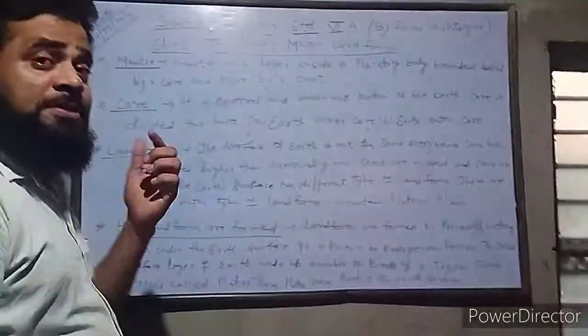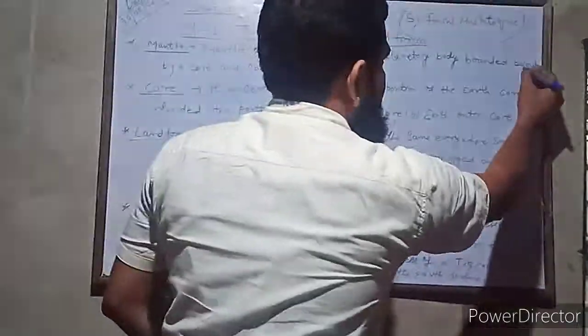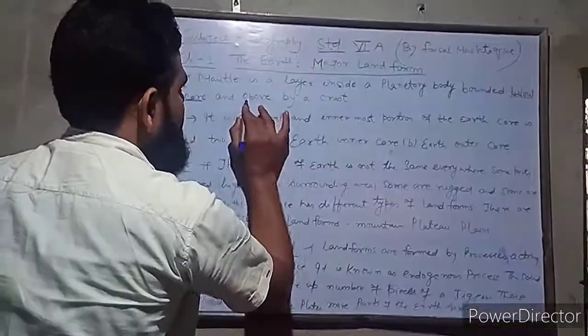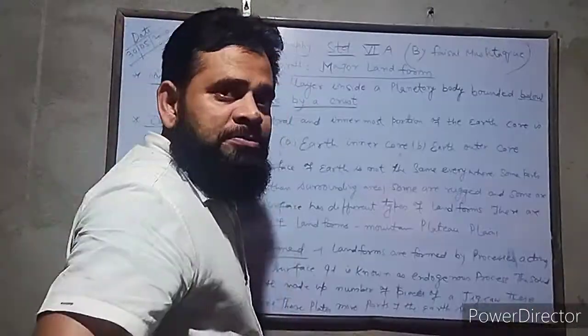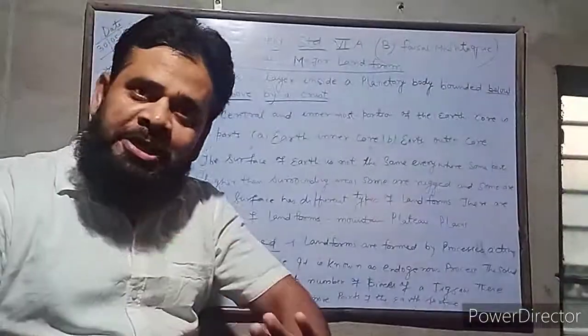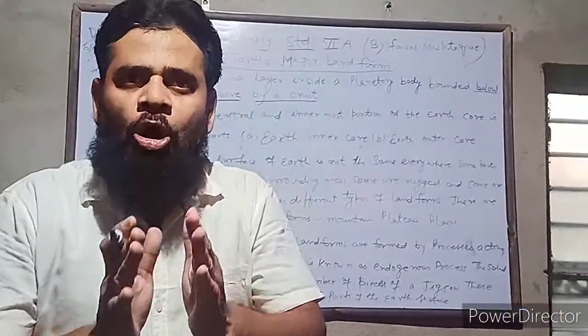Mantle. The next part is the mantle. The mantle is a layer inside a planetary body, bounded below by a core and above by a crust. Mantle materials are hot.